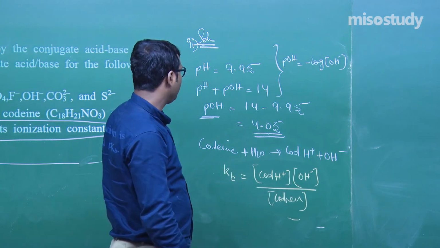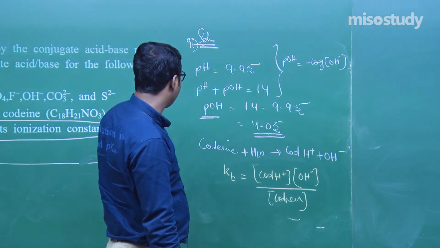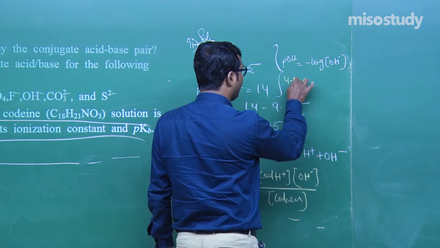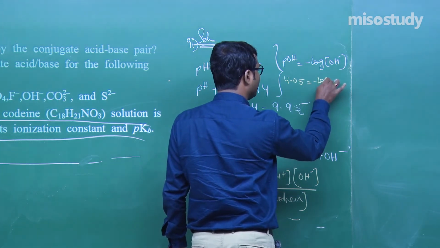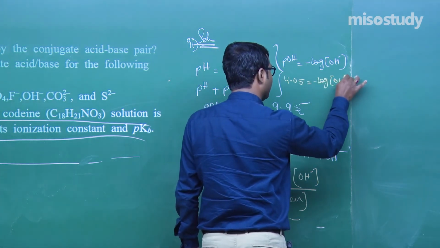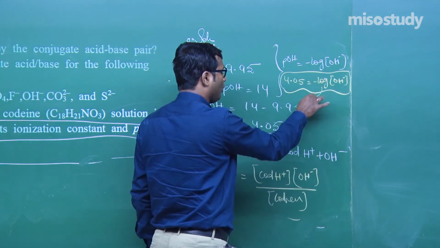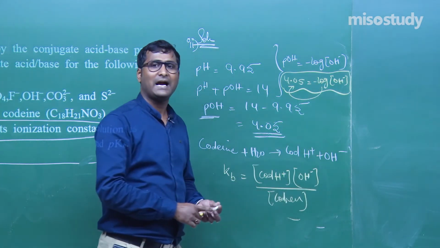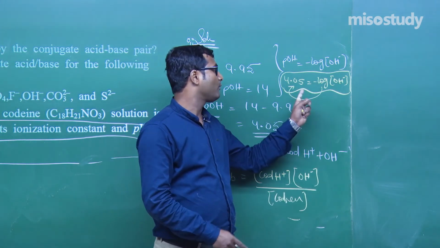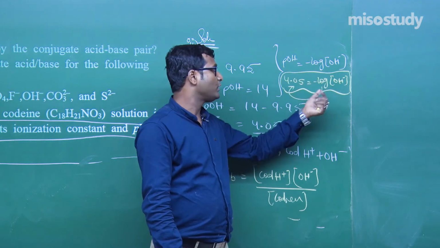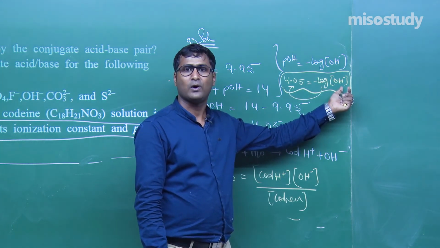Given here pOH is equal to 4.05. So 4.05 is equal to minus log OH minus ion. In exam, generally they provide you the data, otherwise log comes here and you get the anti-log. Anti-log of minus 4.05 gives you the concentration of OH minus ion.